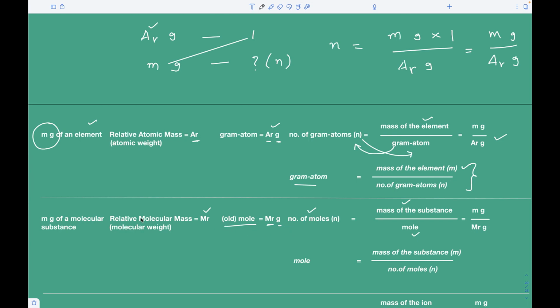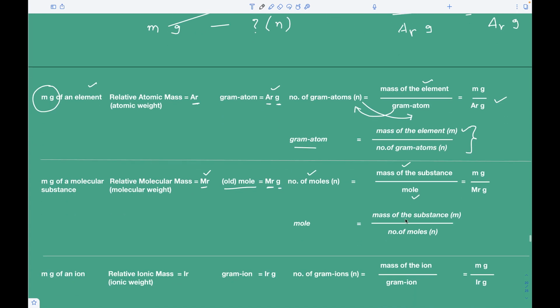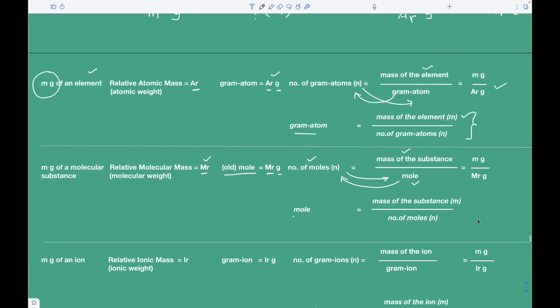So 1 mole of this substance would be mr grams because its molecular weight or relative molecular mass is mr. And if you move mole to the left hand side and number of moles to the right hand side, then this is the expression we get for mole. It is the ratio between these two terms.